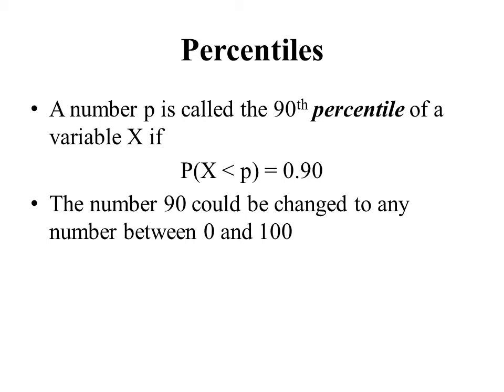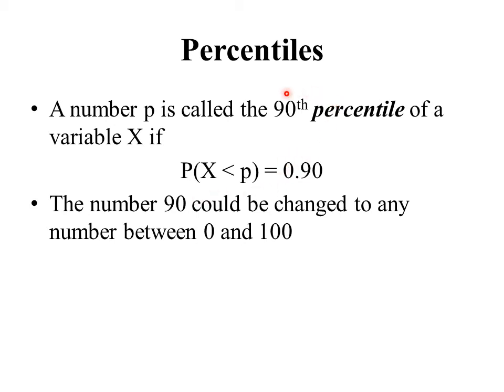Now, next we're going to talk about something called percentiles, which are kind of generalizations of the idea of quartiles that we saw back in chapter 4. A number p is called the 90th percentile of a random variable x if the probability that x is less than p is equal to 0.9.